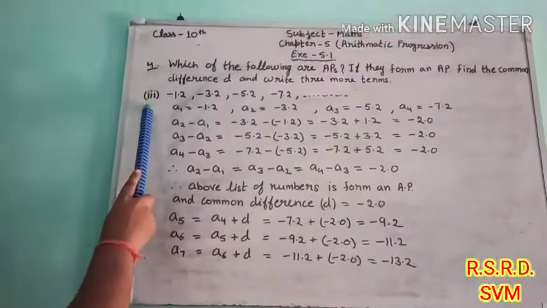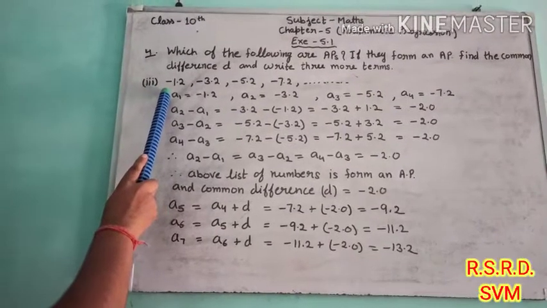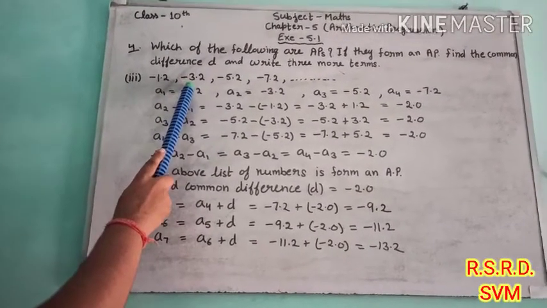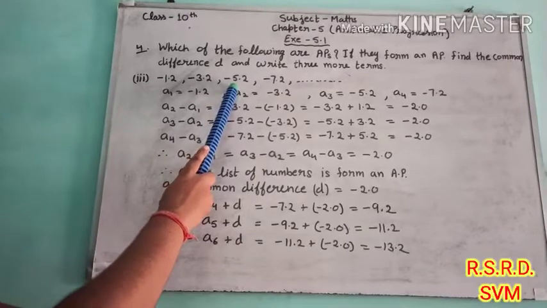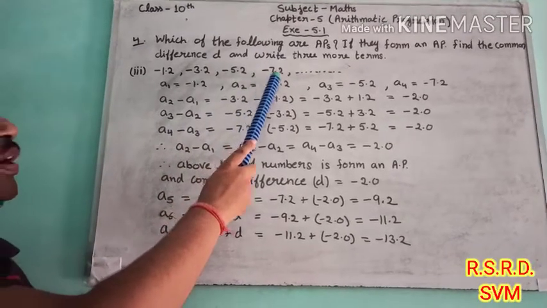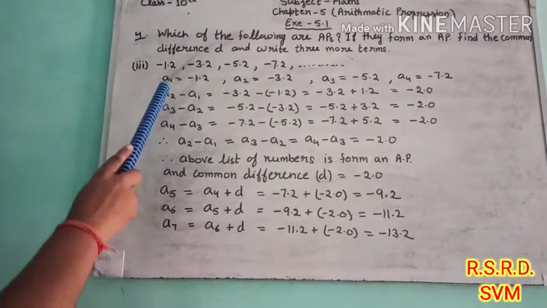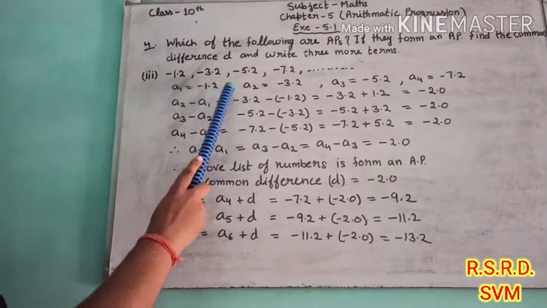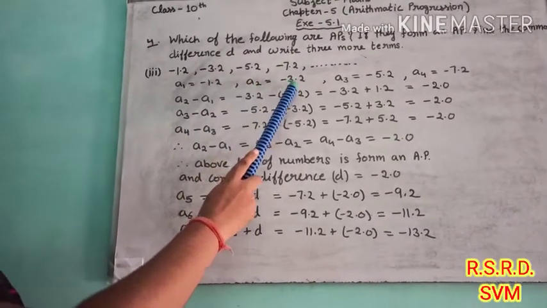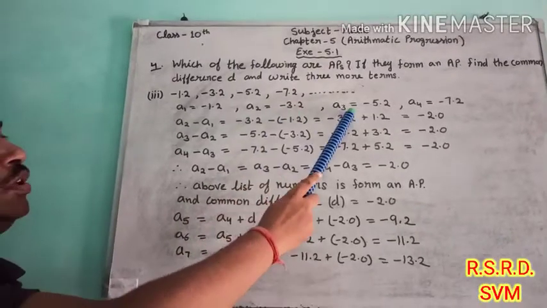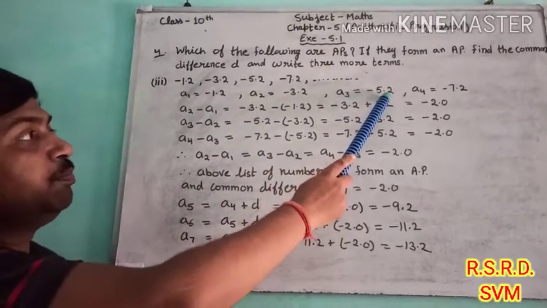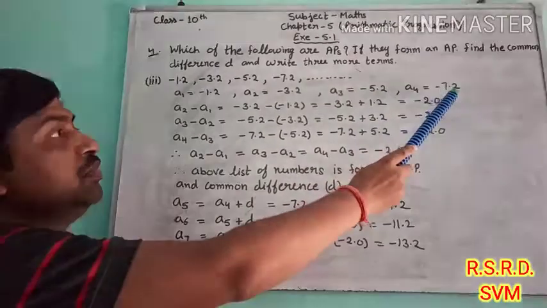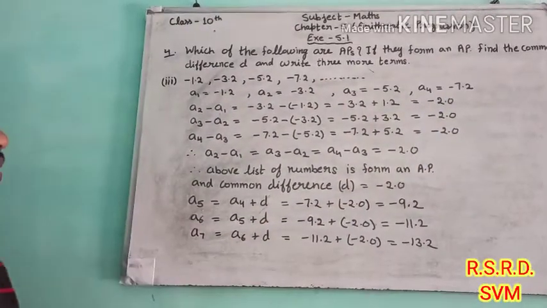Third part is minus 1.2, minus 3.2, minus 5.2, minus 7.2 and so on. The first term a1 is minus 1.2, second term is minus 3.2, third term is minus 5.2, fourth term is minus 7.2.